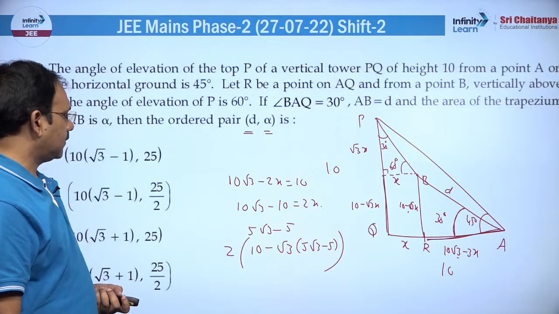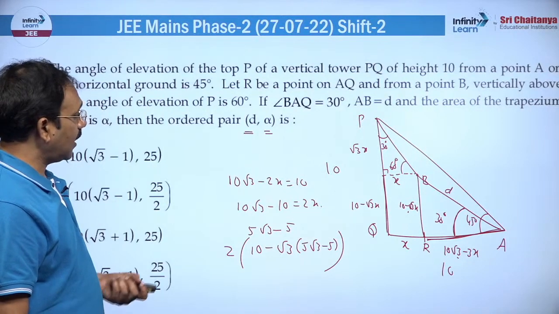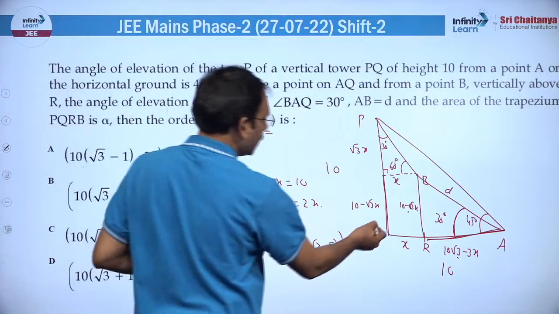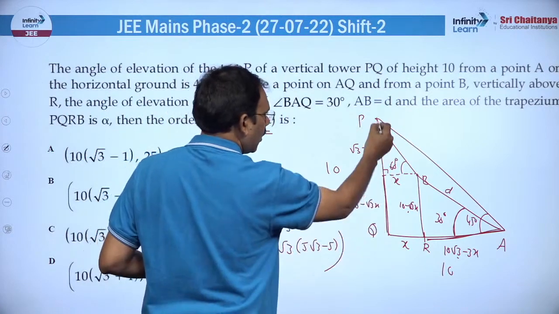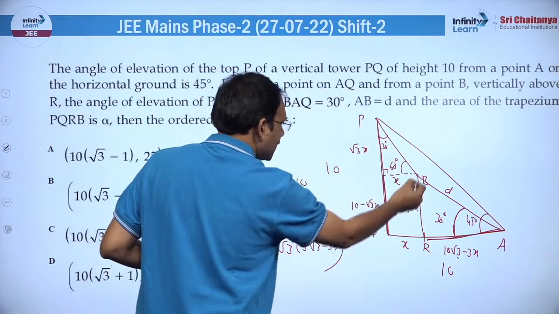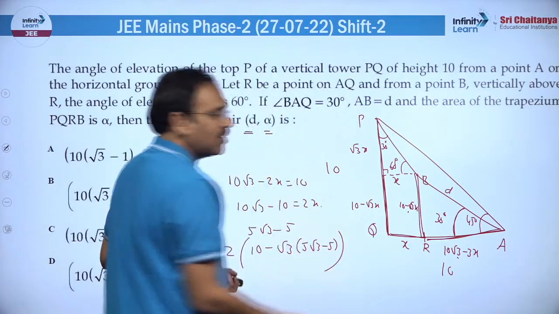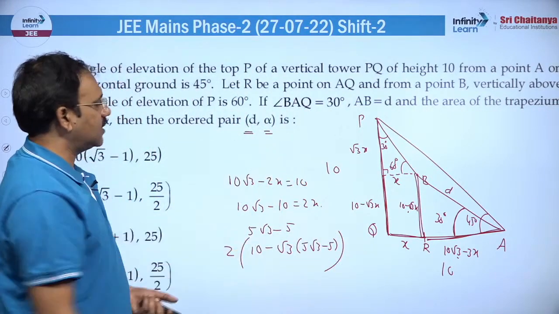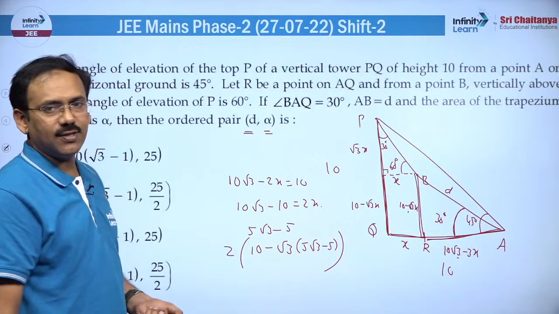Then after that, this area is simple. Once you know the x value, you know all values. Half into sum of parallel sides into distance between them gives the area of the trapezium.